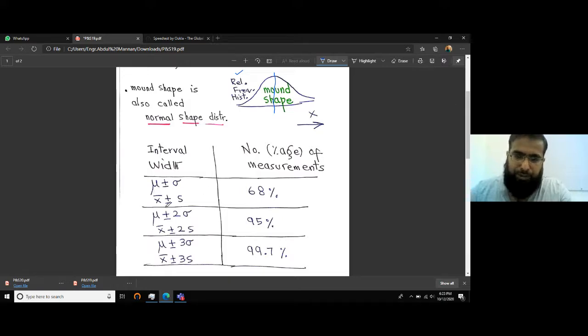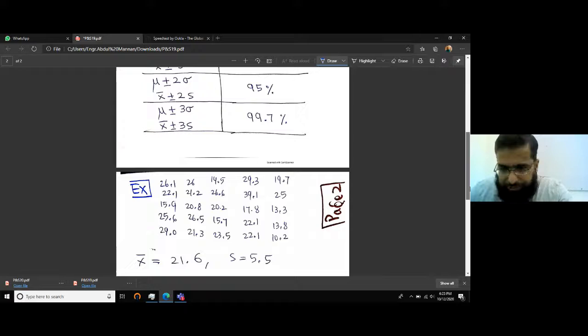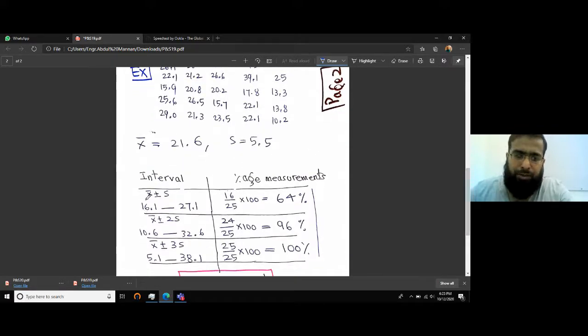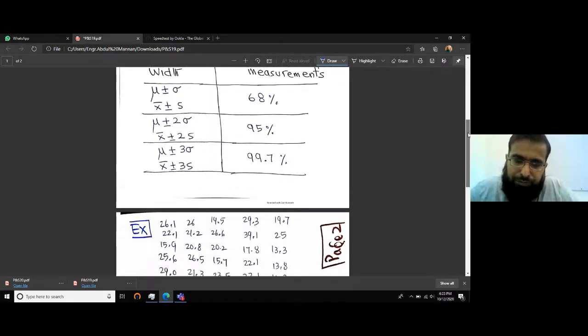That is, one standard deviation around the mean, we should get around 68%, not at least, around 68%. So let's see what this interval is. X bar plus minus s: x bar is 21.6, minus s is 16.1, plus s is 27.1.